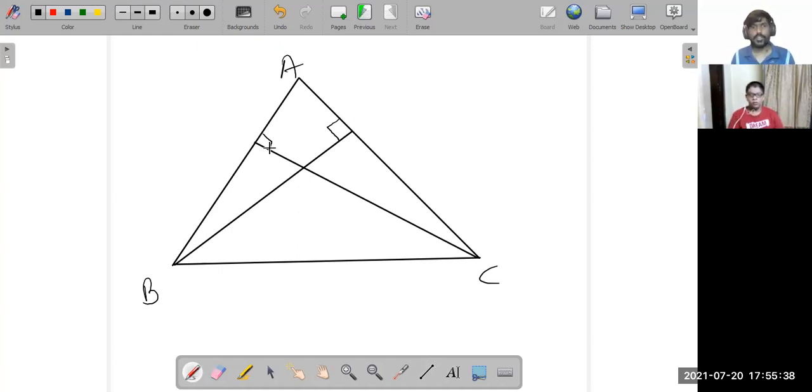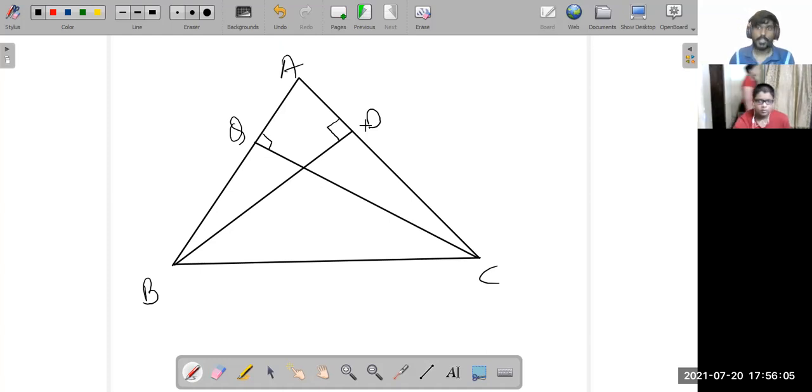I'll name these BD and CQ. Will point Q be the midpoint of AB? No, it will not be.